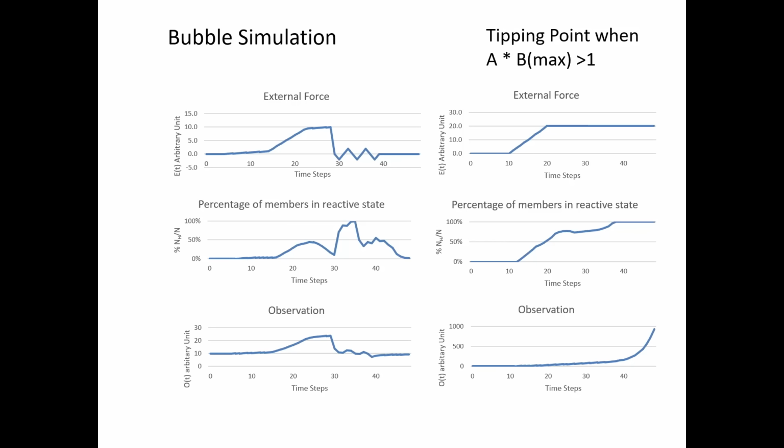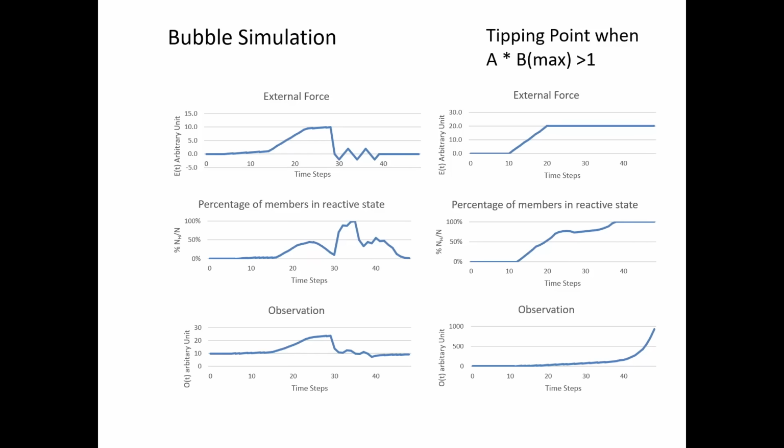The observation, as a result, also follows, but then comes down. But if the external shock, on the other hand, maintains at a higher level forever, eventually all the members of the crowd, all the agents, get into the reactive state.